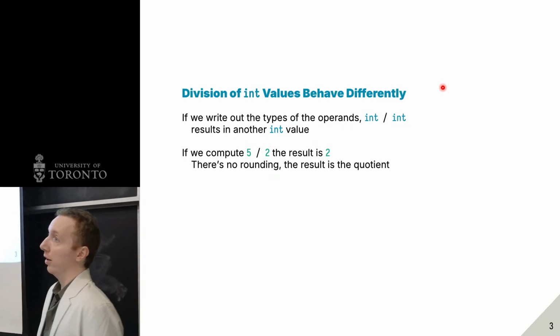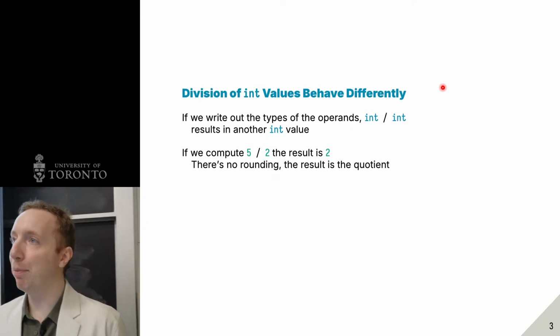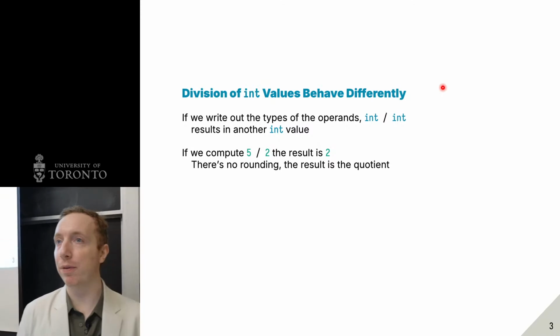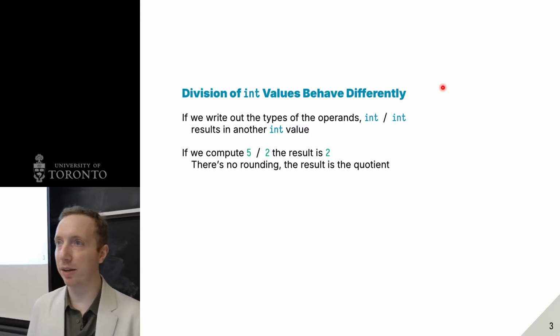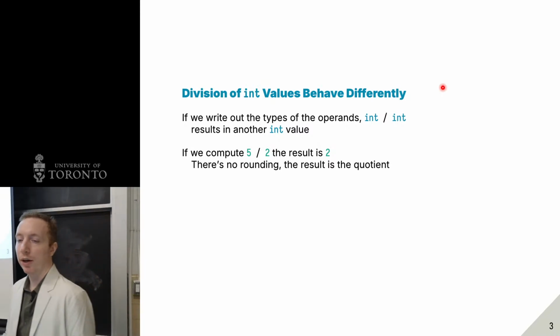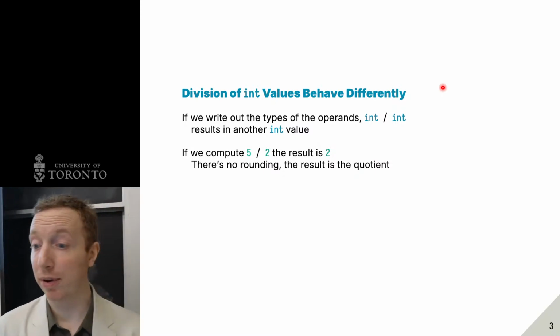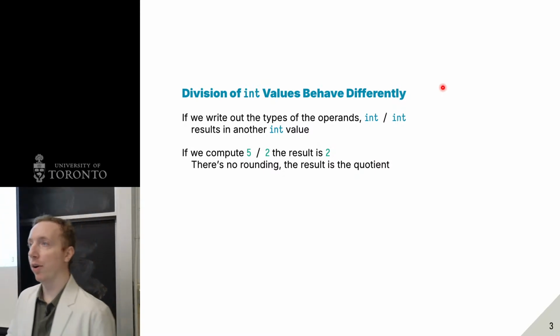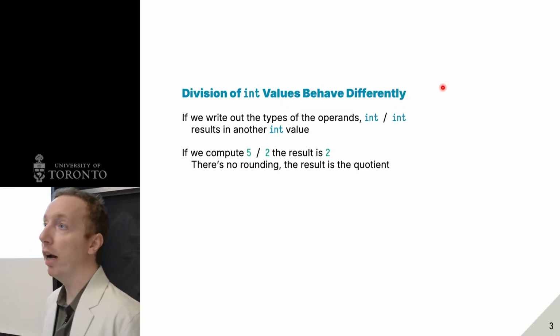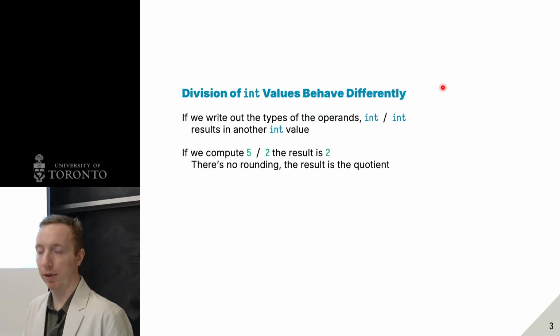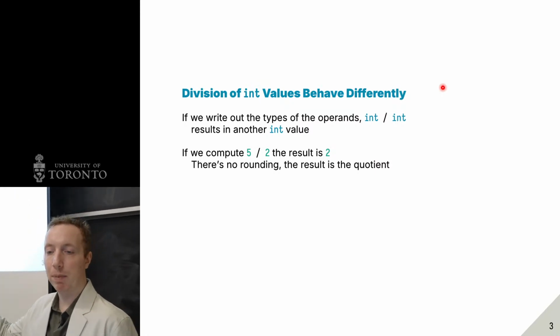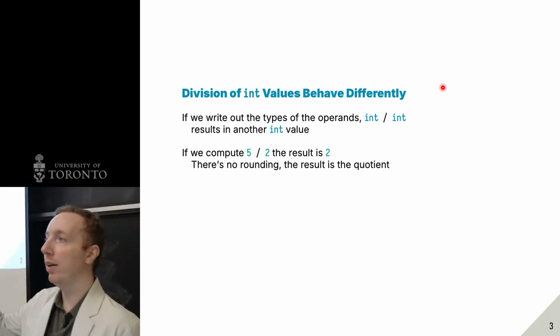Where it starts getting a bit weird is that division of integers behaves a bit differently than what you're used to. If I write out the types of the operands, remember in C every single name is associated with a type. If I do an int divided by an int, the result is another int value.